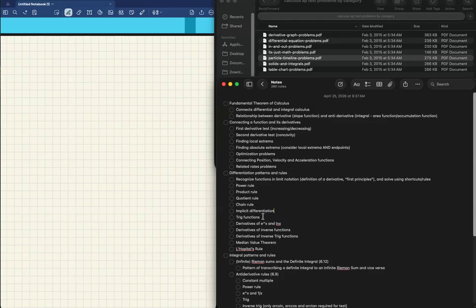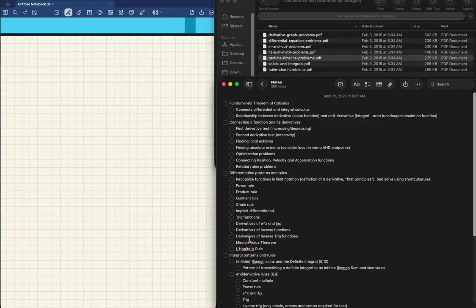Trig functions, you need to know all derivatives of trig functions, just really memorize them. Derivatives of e to the x and ln x, and I would add to that, actually, it's not often asked anymore, I would say the multiple choice questions have been watered down a little bit over the years, but I would also want to know the derivative of a to the x, right?